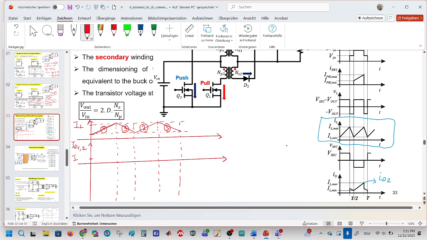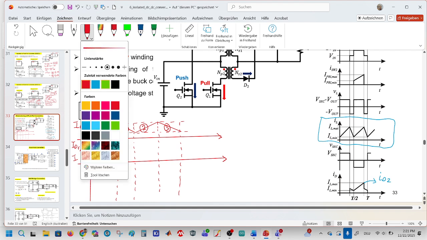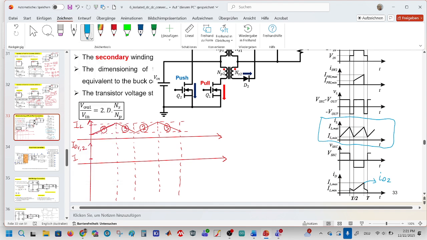But which diode? Maybe show it again with a different color. So this is exactly the same during mode 1.